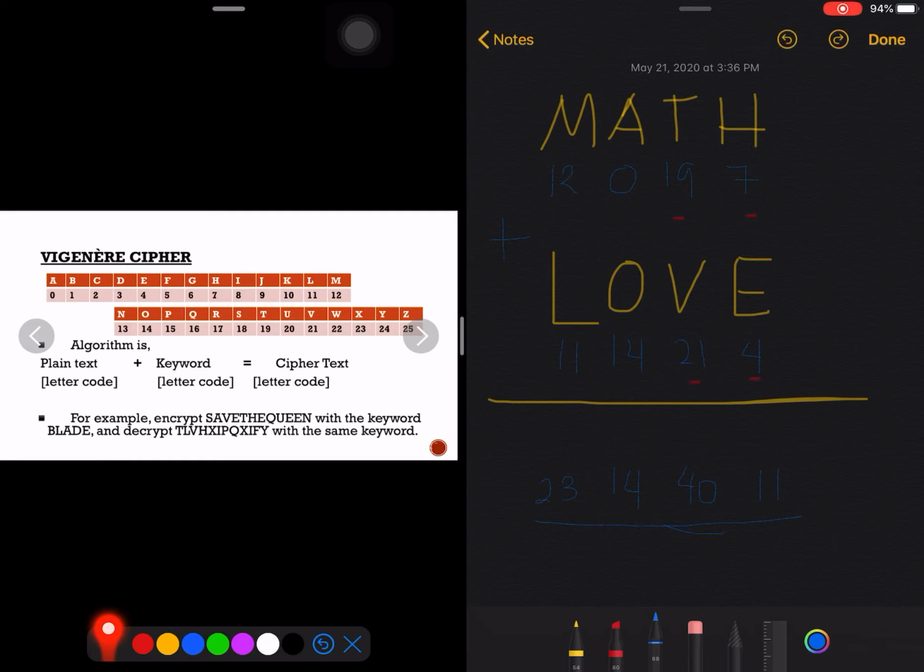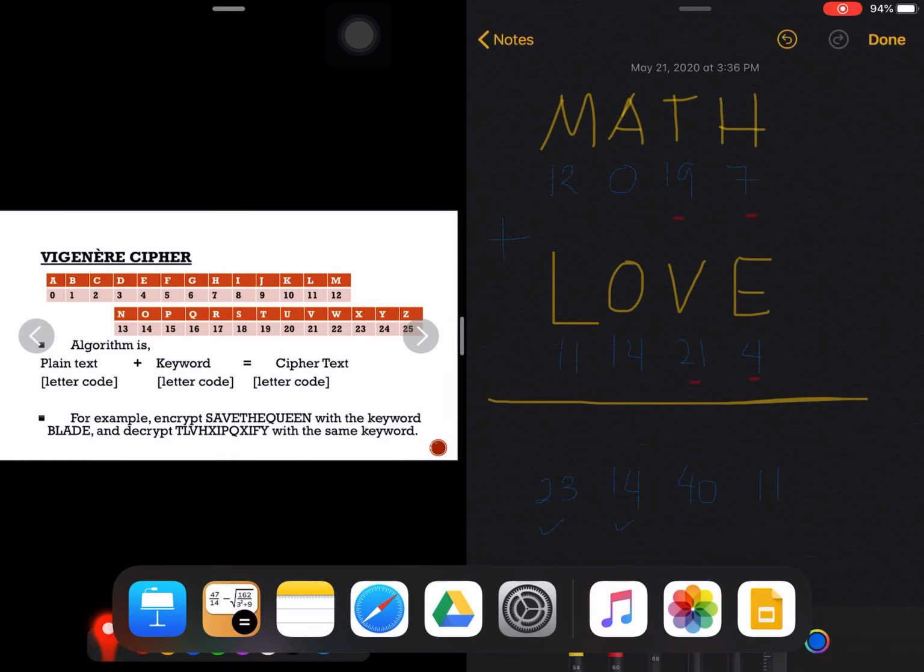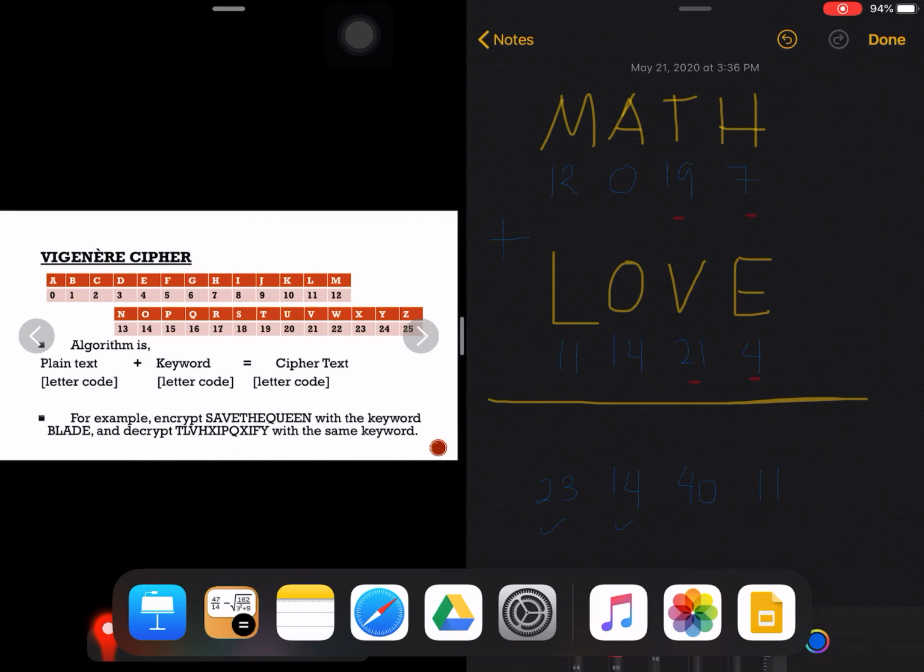positive and less than 26, as I mentioned, we are to apply modulo 26. So 23 is already positive and less than 26, so was 14. 40 is still not less than 26, so we still have to apply modulo 26 in that.